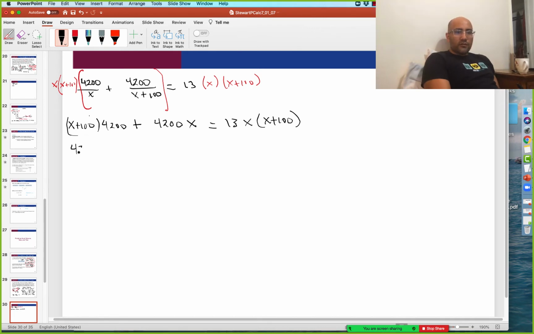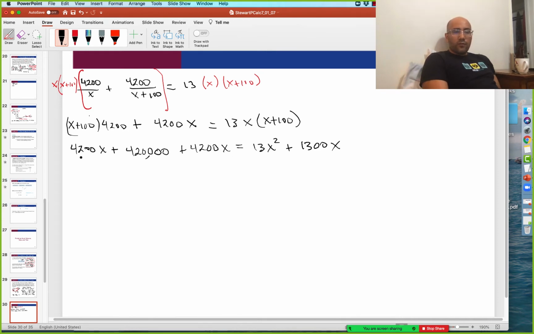So this is going to be 4200x plus 4200, and then multiplying by 100 means I just add a couple extra zeros, and that's going to get me to 420,000 plus another 4200x equals 13x squared plus 13 times 100, just add 2 zeros to the 13, x. So that looks pretty ugly. I think this is going to be something where we use the quadratic formula. So I don't think it's going to work out very nicely.